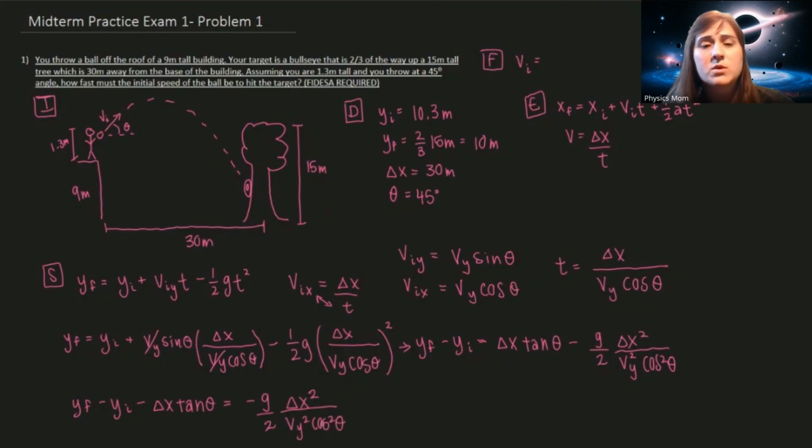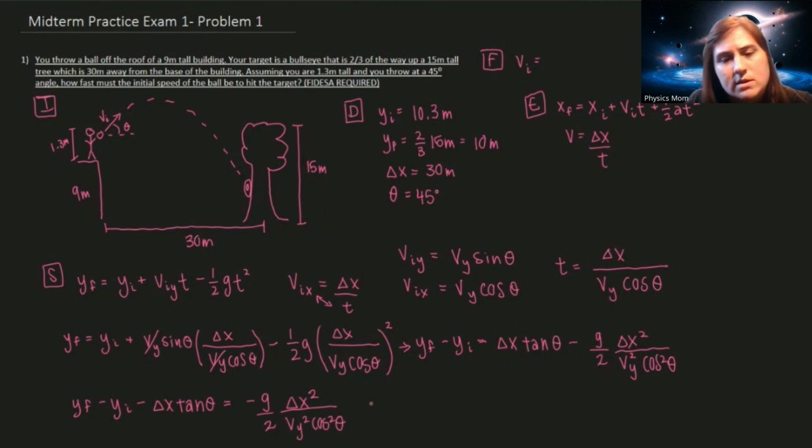I could do this all in one step, or you can do them in separate steps. But again, I am just undoing things here. I want to undo the divide by 2, so I would multiply. I want to undo the multiply by negative g, so I would divide. And I could do the same thing for the delta x squared and the cosine, leaving just v by itself.